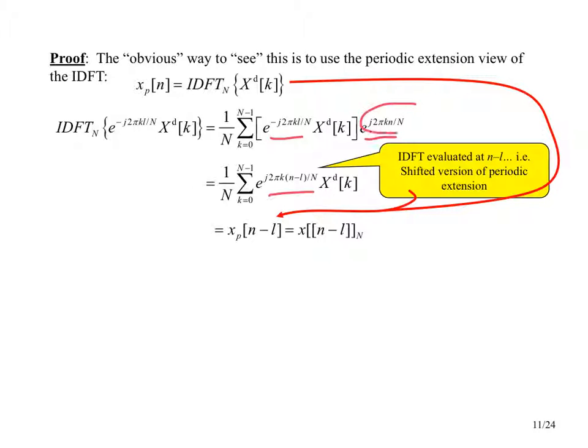We have a positive j with an n and a negative j with an l, everything else being the same, so that's how we get the n minus l there. And now we look carefully at this. This is nothing more than the inverse DFT of this thing, but normally where we would have the n showing up, we've got an n minus l showing up. So this is the periodic signal shifted by l, and that is nothing more than a circular time shift. So that's one way to view this.